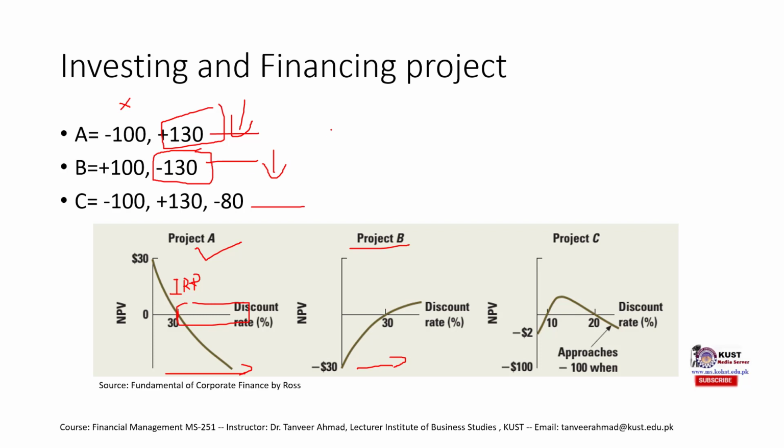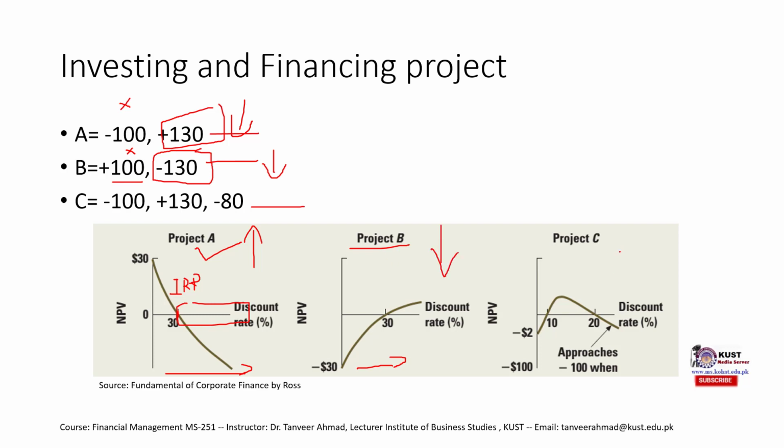But remember, it is present value of cash inflow. It would remain unaffected. It would again remain 100. But this value would decrease as we increase the discount rate. The present value of this 130 would decrease. So, if we increase discount rate, the NPV decreases in project A. If we increase discount rate, the NPV would increase in project B.